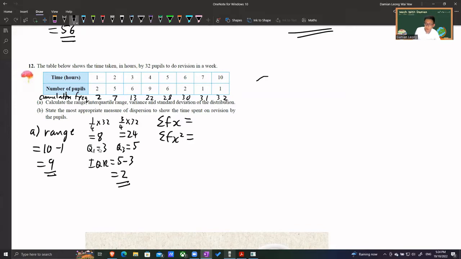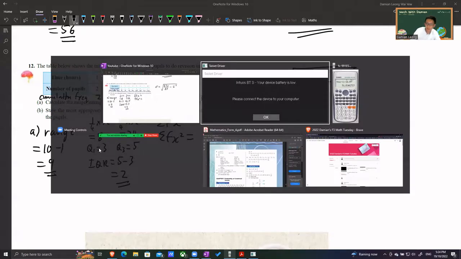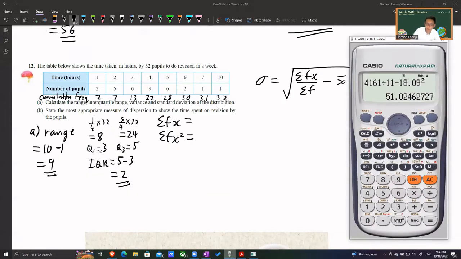So the formula becomes sum of fx over sum of frequency minus mean squared. It's just the extra frequency. We have to multiply by the frequency because that number will repeat that many times.